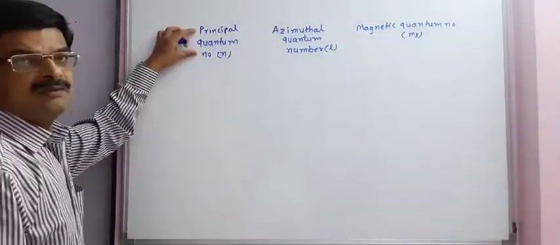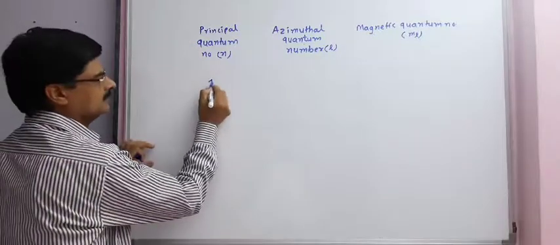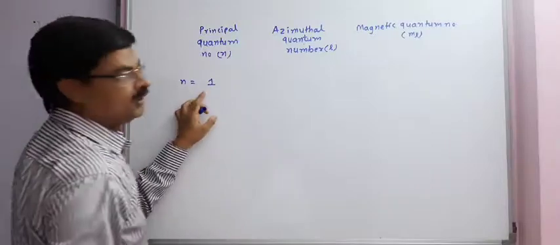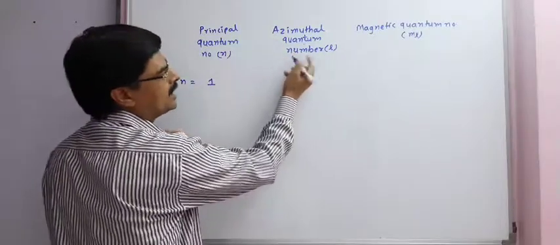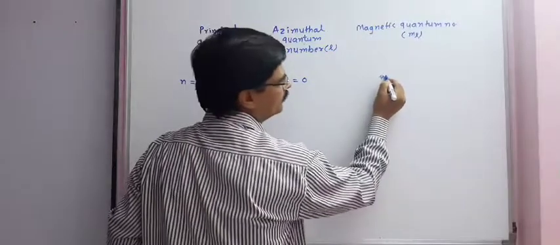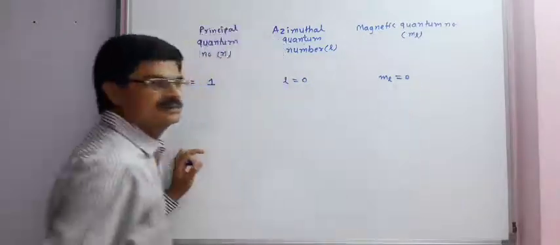So starting from principal quantum number n is equal to 1, azimuthal quantum number L is equal to 0. So ml is also 0.